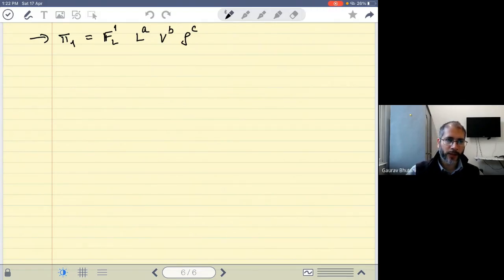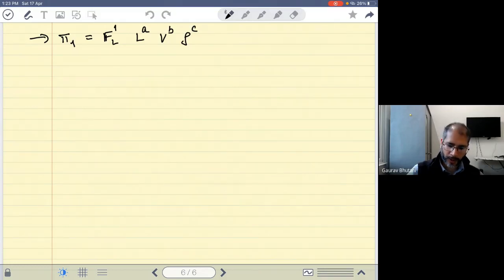Okay, so what we are trying to do is to non-dimensionalize FL using the 3 variables L, V, and rho. This combination of FL and some powers of L, V, and rho will ultimately result in one non-dimensional number. So that was the whole idea. Because FL has 3 fundamental dimensions, M, L and T, and L, V, and rho we just saw can be used to represent those 3 fundamental dimensions.